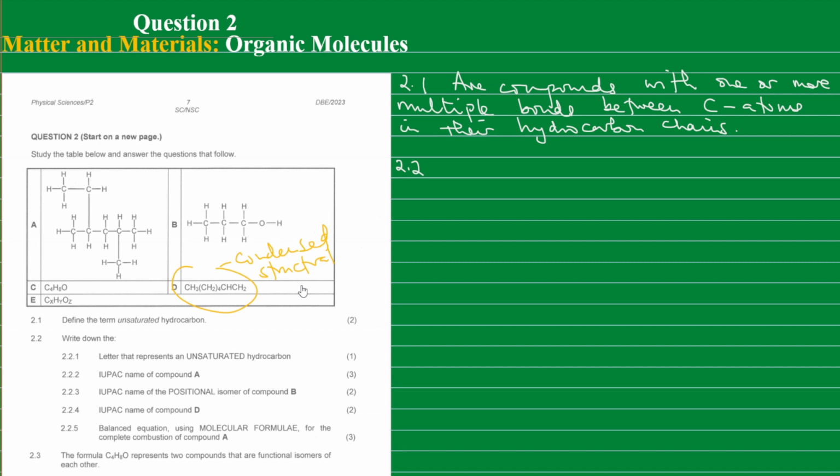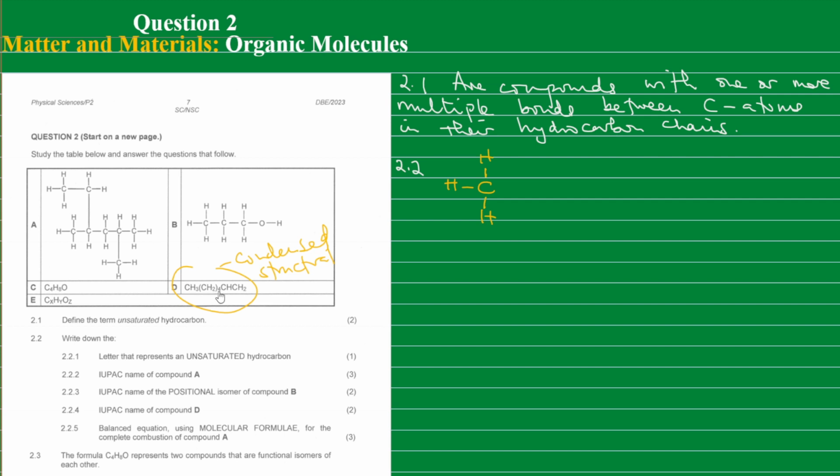A structural formula is just a formula that shows which atoms are attached to which in the molecule. So you are actually drawing it. Here we have a CH3. It means we have a carbon atom attached to 3 hydrogen atoms. And then this is bonded to CH2.